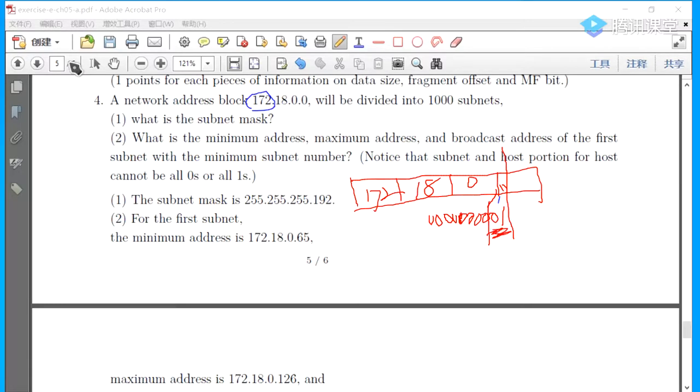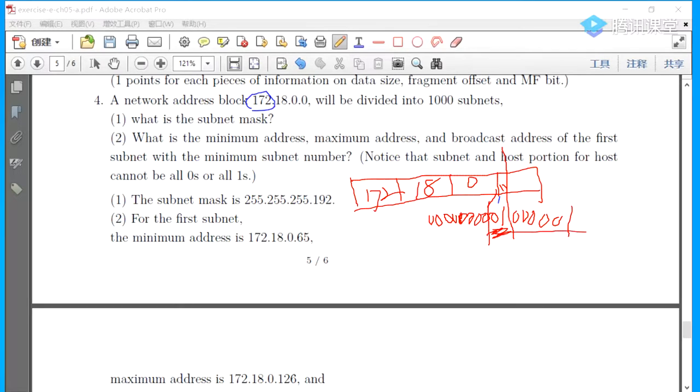So the minimum subnet number here, 2 bits, is set with 0, 1. Then the other 6 bits should set the minimum address. The minimum address should be set from 1, not 0, right? Not 0. 6 bits. So the minimum address is here, right?